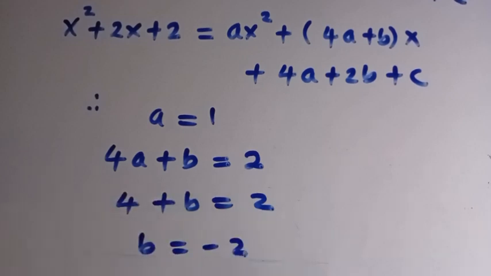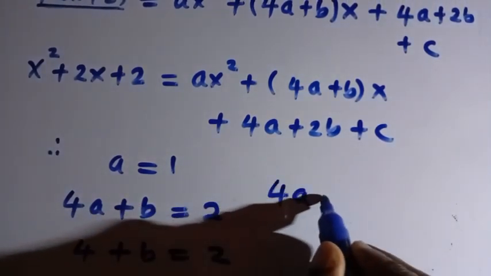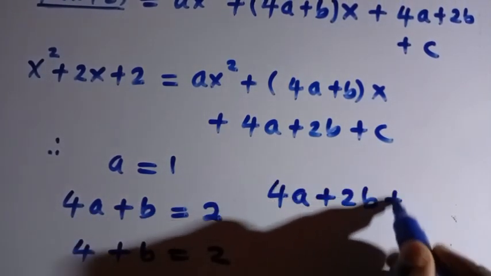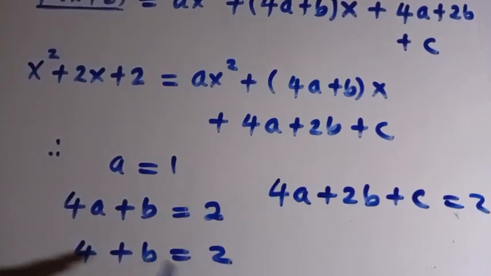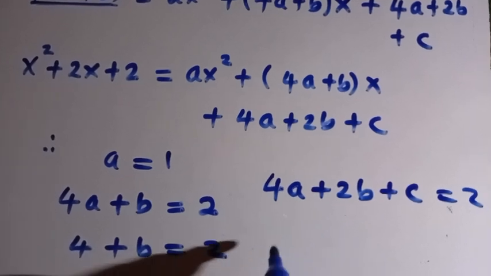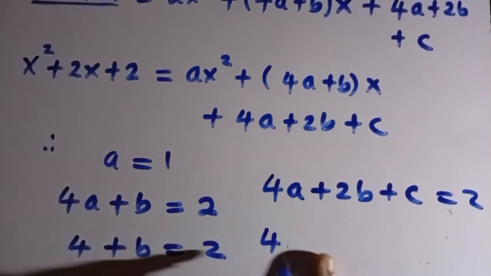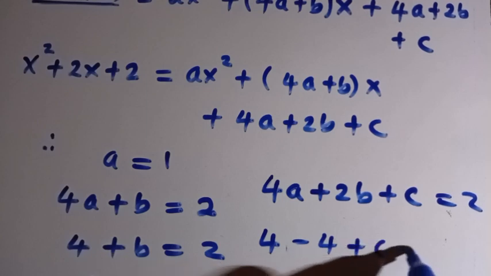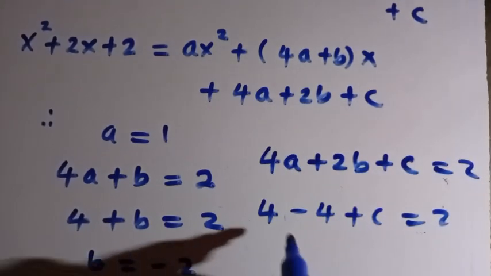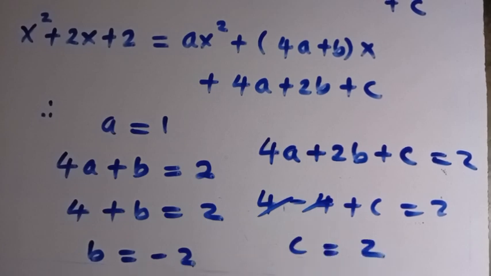And also when we compare the last one, which is 4a plus 2b plus c, this will be equal to 2. When we replace a and b, we have 4 plus, b is minus 2, multiplied together, so this becomes minus 4 plus c equals 2. So therefore, this cancelled, and we have the value of c here equals 2.